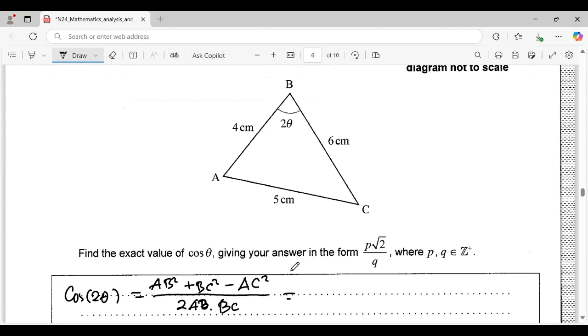AB is 4 squared, plus BC 6 squared, minus AC 5 squared, over 2 times 4 times 6. And if you calculate, it is 27 over 48. Simplified, it becomes 9 over 16.